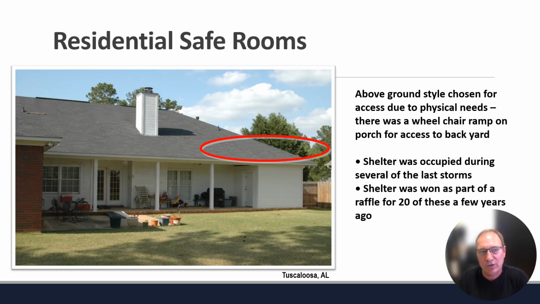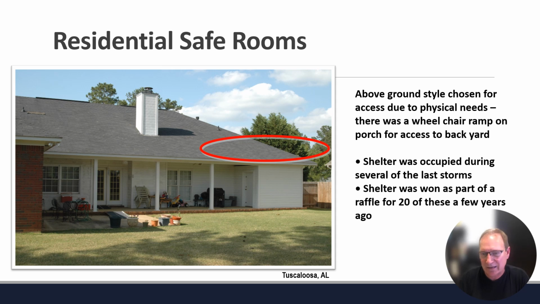This is a safe room that was built as a kind of a storage building, but it's a good above ground safe room. In this particular place, it also meets access and functional needs for someone who is wheelchair bound. But in this particular case, again, if you'll notice, there's 3 distinct locks on the door, top, bottom, and in the middle.